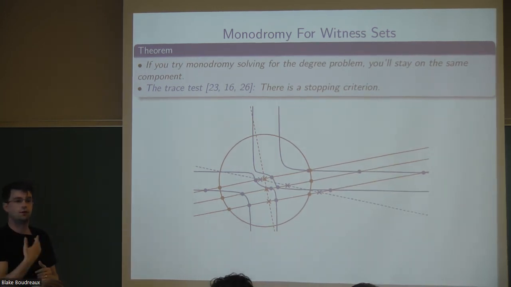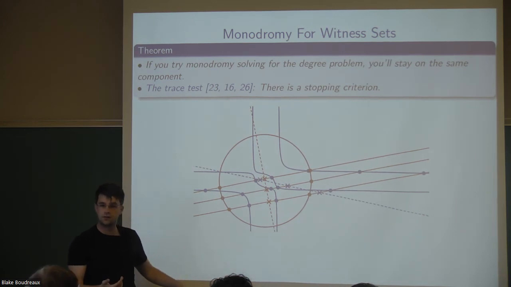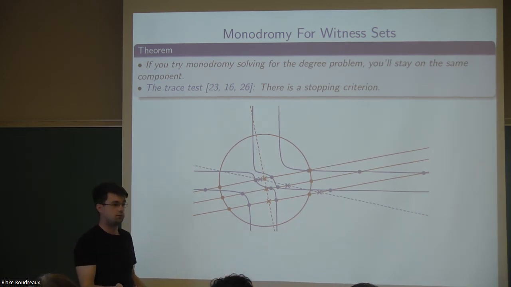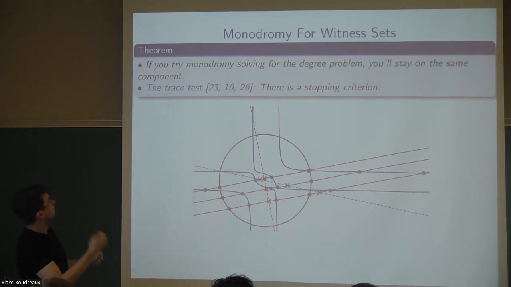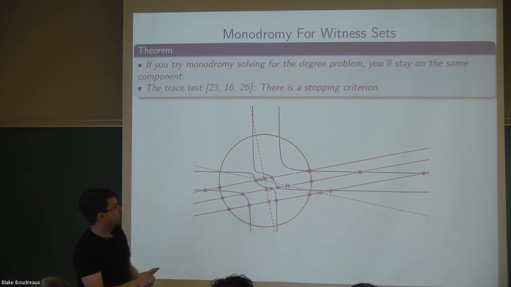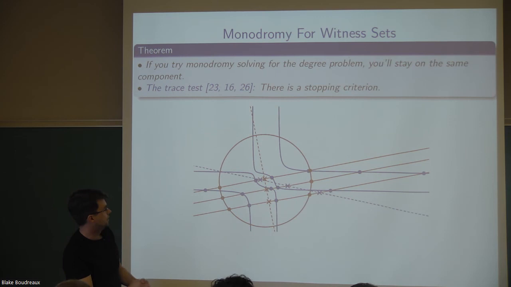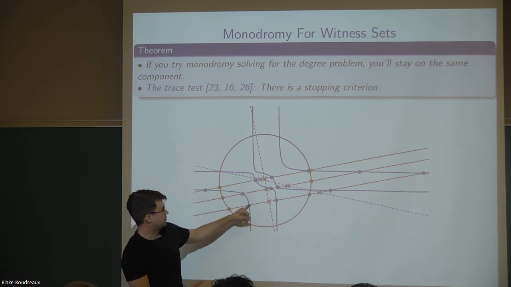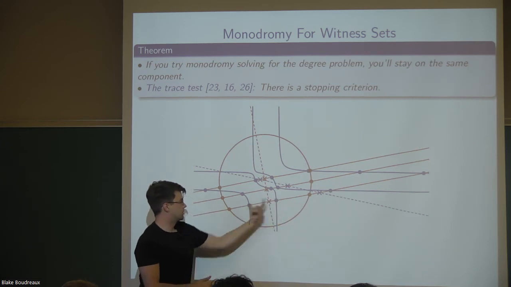Because doing so would require me to pass through the intersection of the blue and the red curve, which will always be in the discriminant of this problem. Right? So in other words, the monodromy group of this witness problem would be the full symmetric group on these 4 points times the full symmetric group on these 2 points.